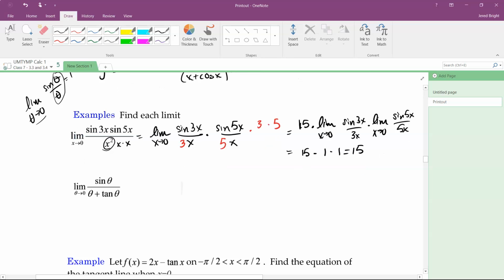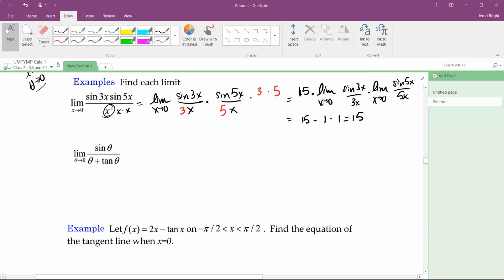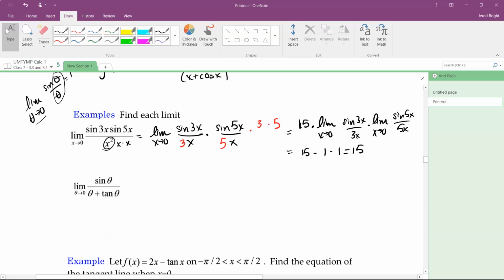Alright, with the next example, again, I'm going to try to make use of that same limit identity as much as possible. The other one, just so you're aware, that was theta approaches 0, cosine of theta minus 1 over theta is equal to 0. I'm going to look for these two and try and use them. Okay. What I'm going to do though first is divide each piece by theta and see what I get.